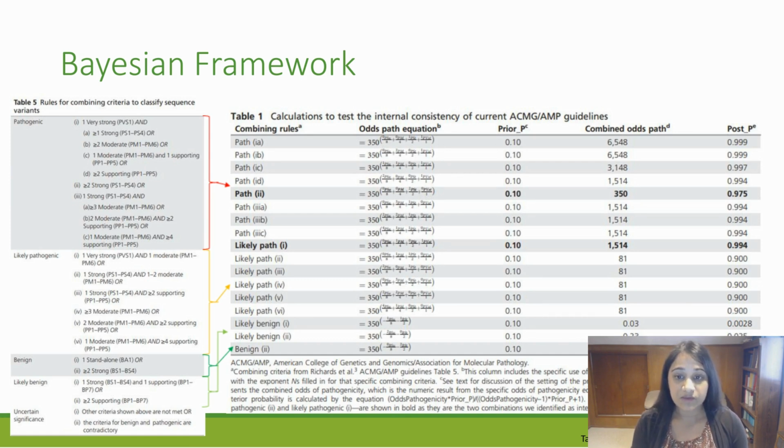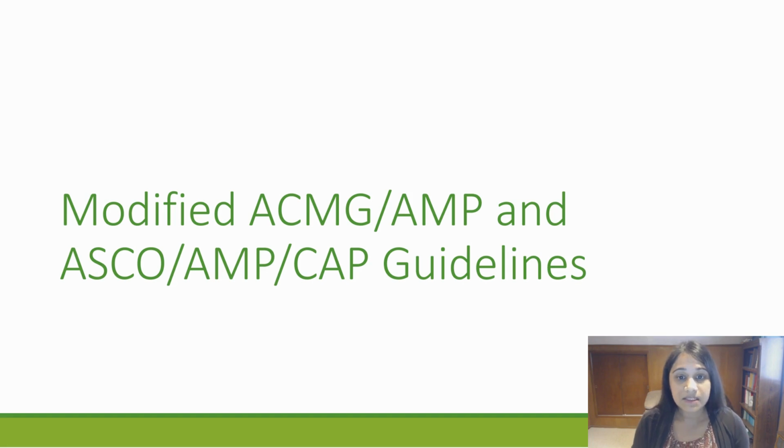So most of the evidence criteria in the pathogenic section, when combined as seen on the left, yielded a posterior probability of pathogenicity of at least 99%. The likely pathogenic section yielded a posterior probability of pathogenicity of between 90 and 99%. The likely benign section was between 0.1 and 10%, and the benign section was less than 0.1%. It is these three papers that primarily make up the basis for the methodology I want to introduce today.